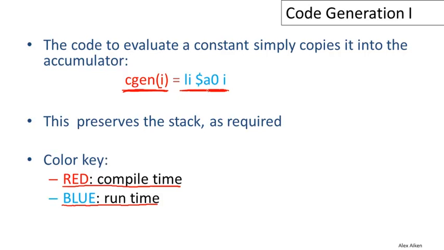This is to help you develop a very firm grip on the idea that we have a real division of time in these programs. There's stuff that happens inside the compiler, and then there's computation that's deferred until the program that we're producing actually executes.